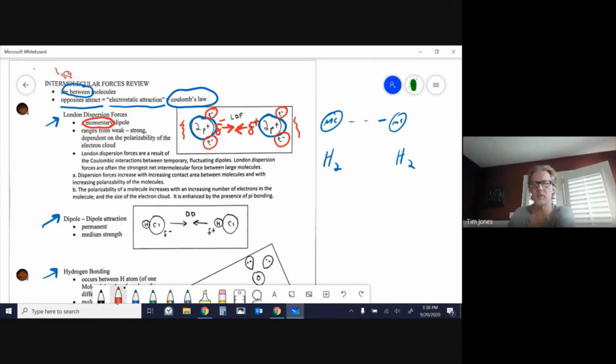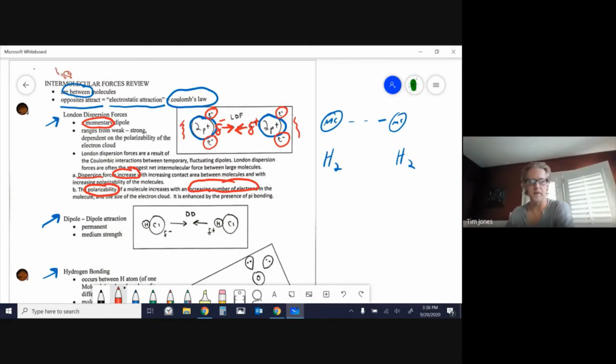And in this case, it would be extremely weak in the case of two hydrogen molecules. The interesting thing about this is that all molecules do this because all molecules have electrons. And as molecules get bigger, these forces, which are sometimes called dispersion forces, increase because you end up with more electrons, which causes what's known as a higher polarizability.